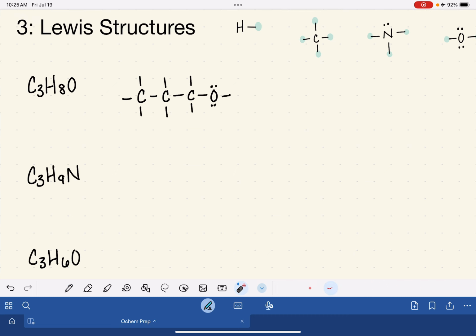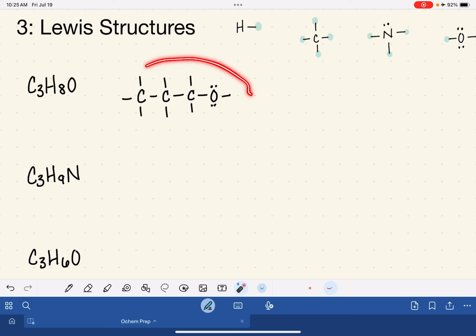What I was saying before I started drawing this was that I don't actually know how these 4 atoms are arranged in this molecule. I just chose to draw 3 carbons in a row followed by an oxygen. It could have been a carbon with an oxygen and then 2 more carbons after that. I honestly don't know how it's arranged, and that's really not the purpose of this particular problem. The actual order of arranging the atoms in a molecule is something that you will learn in the organic chem class that you're about to take, and we don't need to review that here.